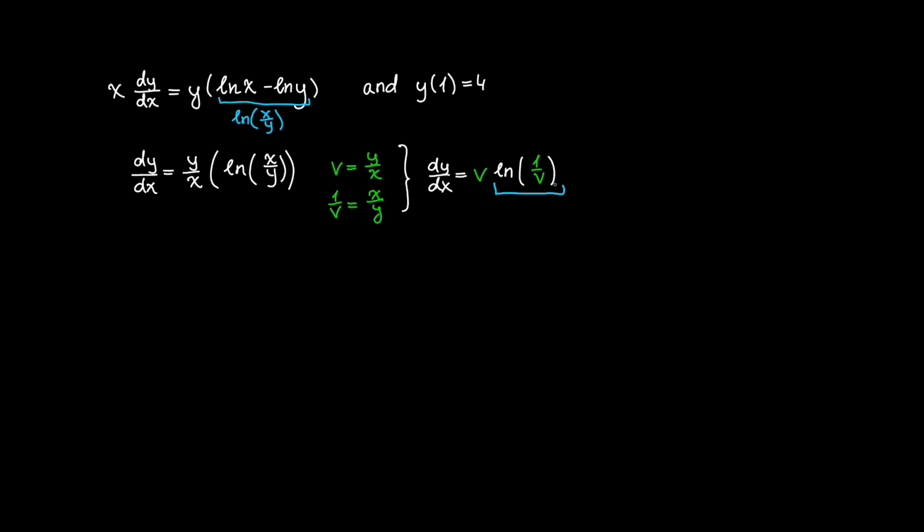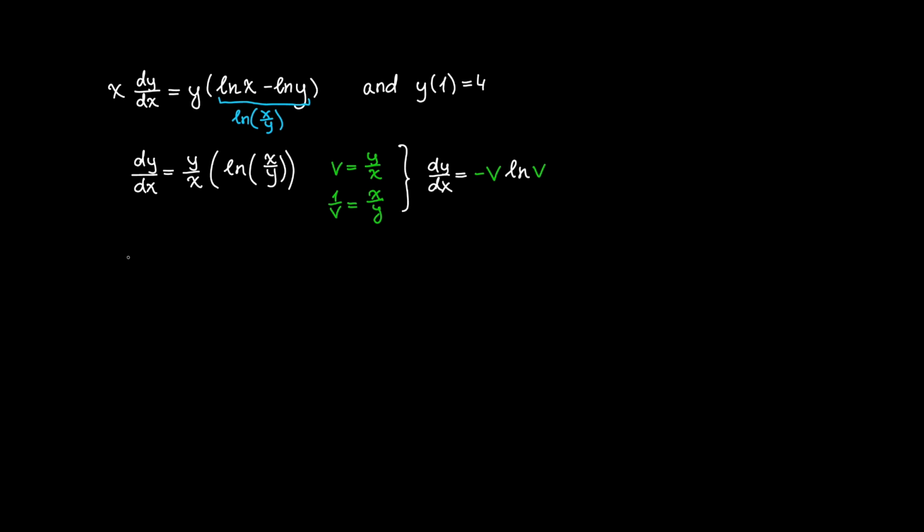And then for the mini steps here, ln of 1 over v is simply ln of v to the power of negative 1. And again, using the rules of logarithms, we know that this negative sign can go in front. So technically, this whole expression here can be rewritten in a simpler way, specifically negative v ln of v.